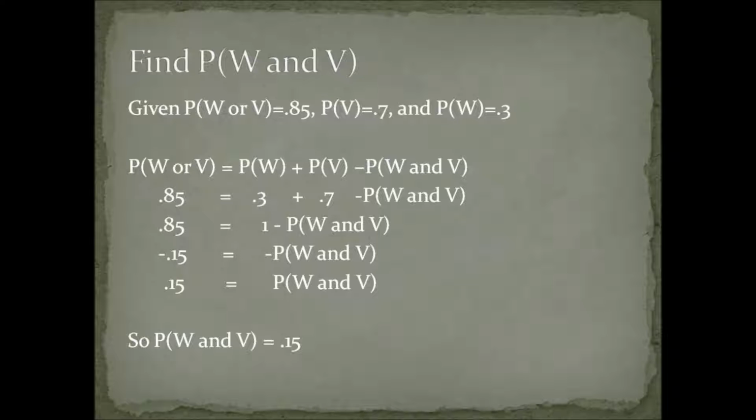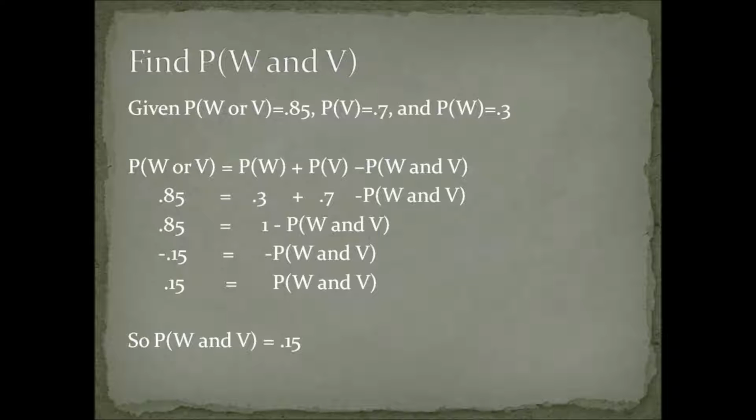Therefore, I need to use my general addition rule. Probability of V or W is the probability of W plus the probability of V minus the probability of W and V. Now I know 3 out of those 4 quantities, so let me substitute the known values in: 0.85, 0.3, 0.7, and I'm just going to rewrite the probability of W and V, the only unknown.